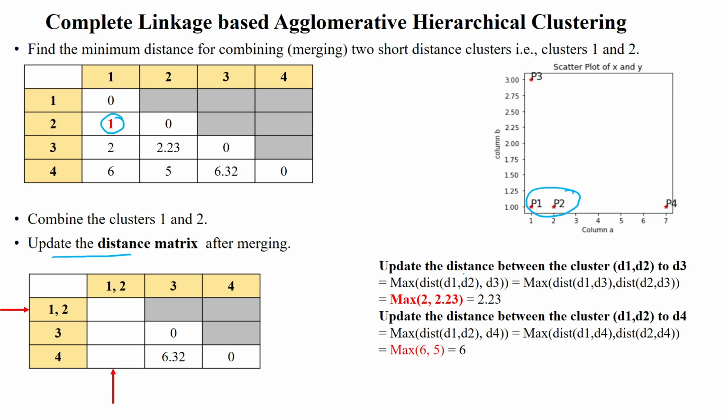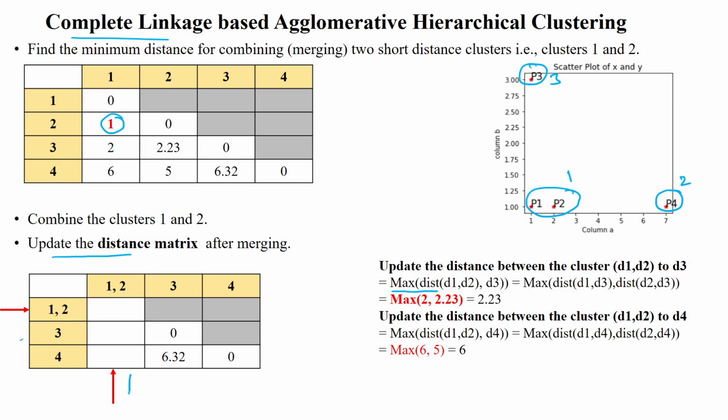When we are updating the distance matrix, we should use complete linkage. Complete linkage means the maximum distance between the data points. So after combining cluster 1 and cluster 2, we have to identify the distance between this combined cluster and the individual data points.